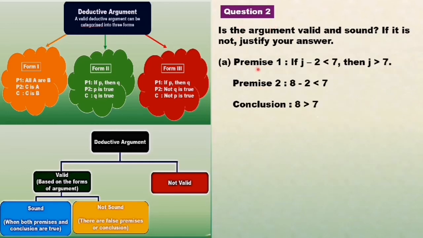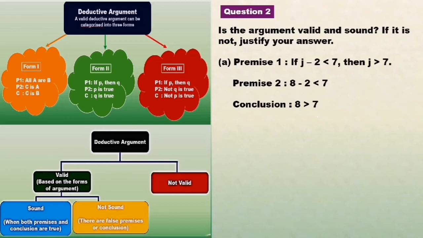Question number 2. Premise 1, if j minus 2 is less than 7, then j is greater than 7. Premise 2, j minus 2 is less than 7. Conclusion, j is greater than 7. First, we determine which form this argument is from.